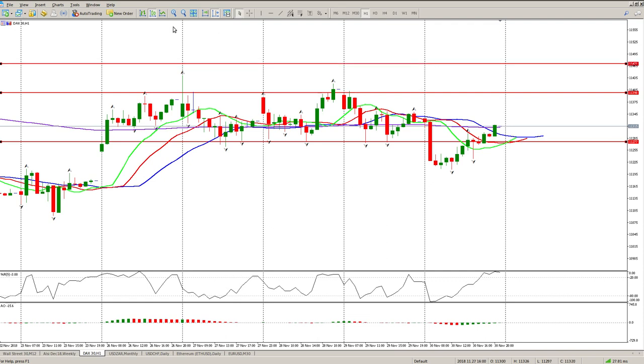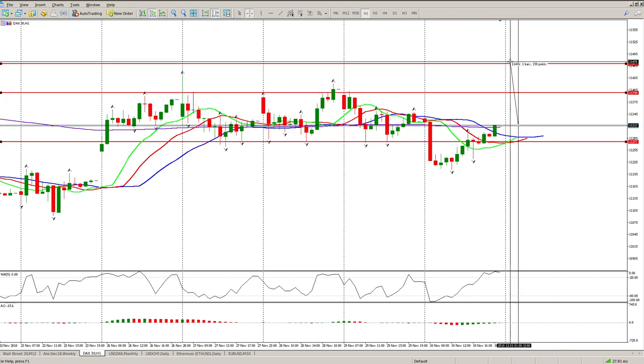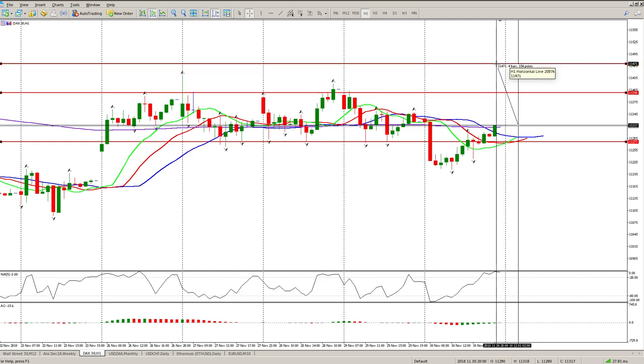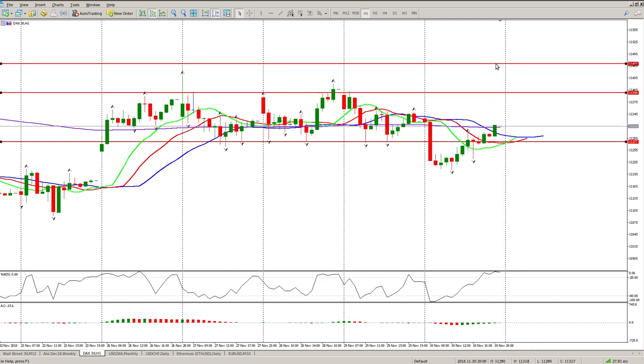Right. So as it stands now, we have 150, let's call it 150, just to be safe, point gap up. Okay, so that is going to be fairly significant. So what can I tell you about this?